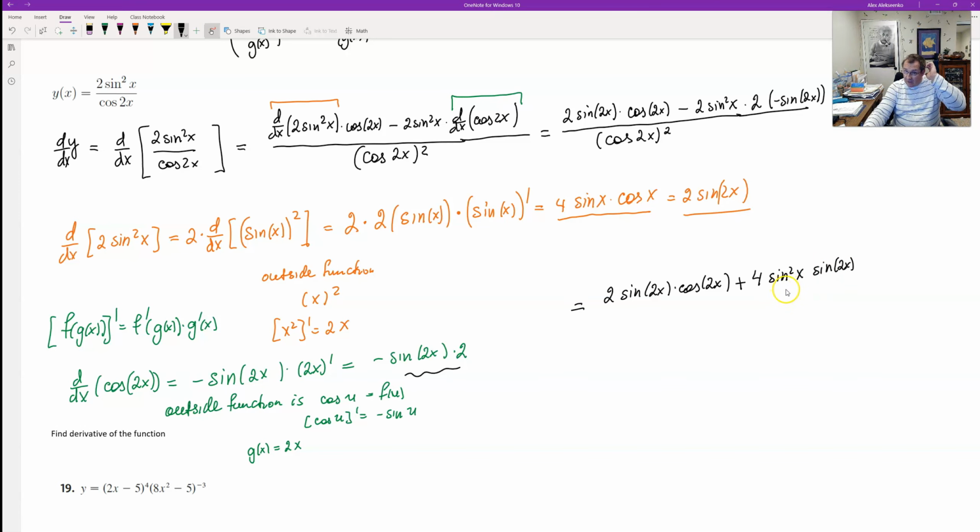Well, I guess there's a possibility of even further simplification here, but maybe not worth it. So sine squared x could be replaced with the cosine of double angle. There is a formula for that, but I'm not sure if it will be nice simplification, but you're welcome to try it. So I would like just to stop here.